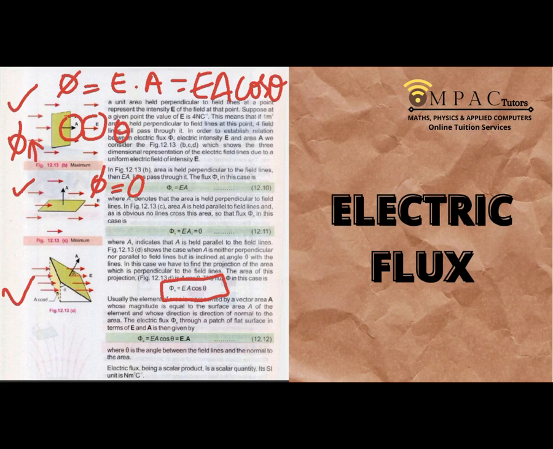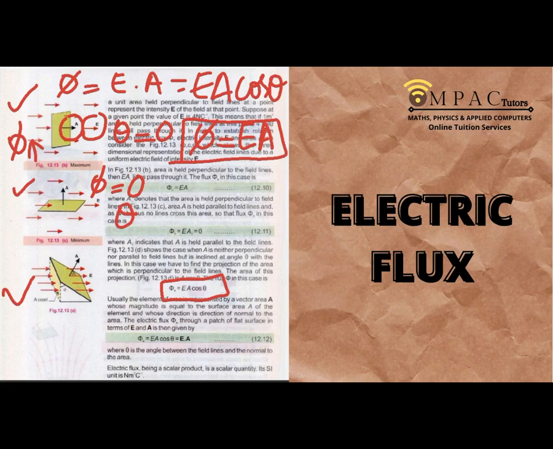So theta is 0 here. If we place theta in the formula, cos 0 is 1. So the maximum flux equation will be phi equals EA for the first case.